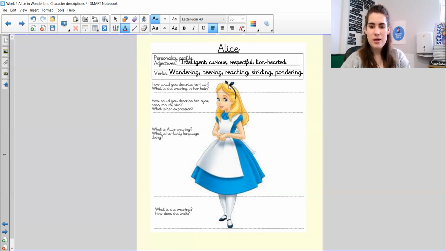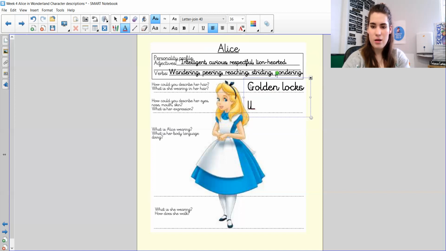So for example here, this bit is all about her hair. How might you describe Alice's hair? Okay, and you could maybe talk about the bow that she's wearing in her hair as well. Okay, so for example, I might say golden locks. Could even use some figurative language.